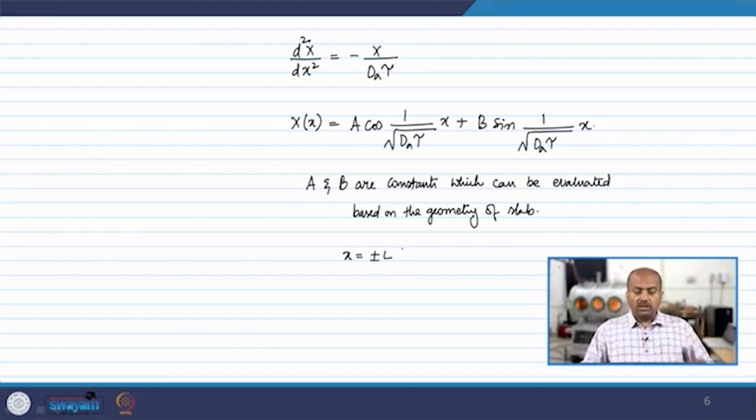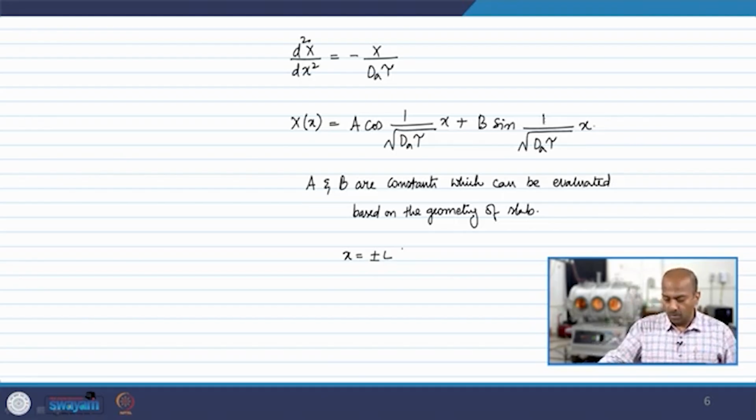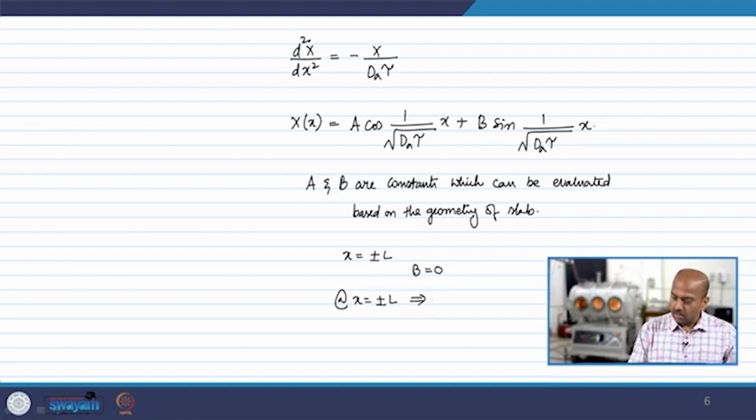Now, based on the symmetry of the problem, you just substitute the boundary values, and you will realize that the constant B has to be 0, and at x equals plus minus L, the plasma density is 0, and at x equals 0, which is just in between, the density is maximum.